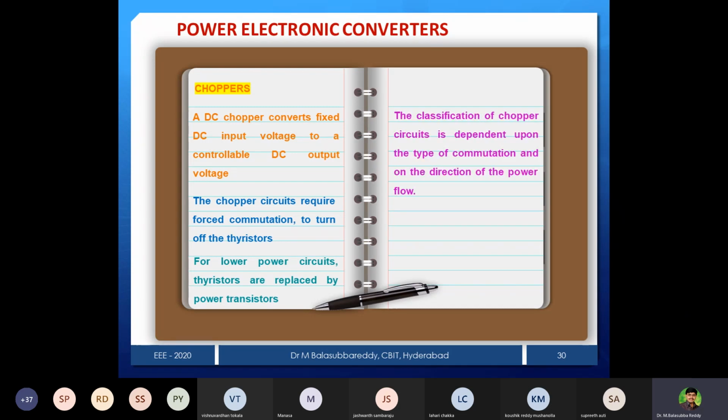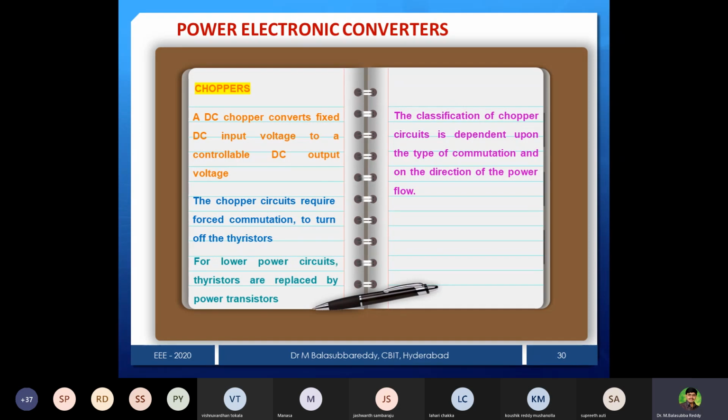Another classification depends on the type of commutation and the direction of power flow. Here the commutation is forced commutation, so we use names like forced commutated chopper, voltage commutated chopper, or current commutated chopper. Depending on the direction of the current, we can classify them as first quadrant chopper, two quadrant chopper, and four quadrant chopper.